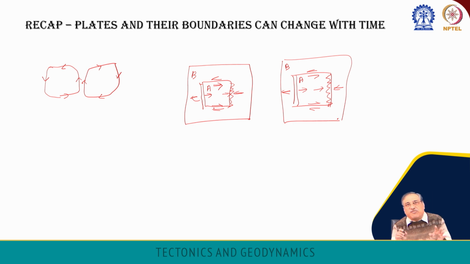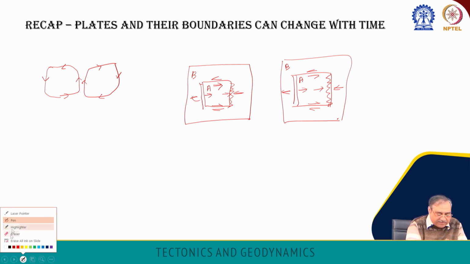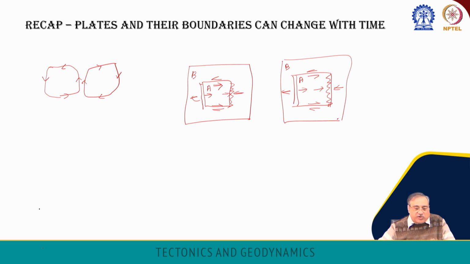So, these three types of plate boundaries are characterized by the manner in which the relative velocity vectors are oriented with respect to the plate boundaries. And as we go on to the next part of today's lecture, you will see how this matters even more. Now, let us just move on to the next one.